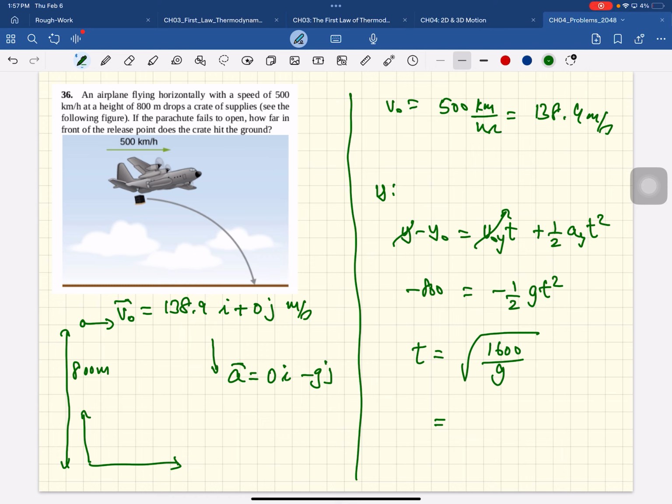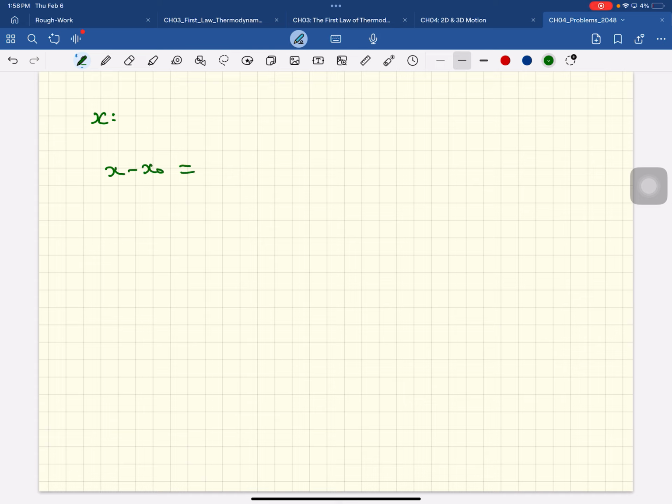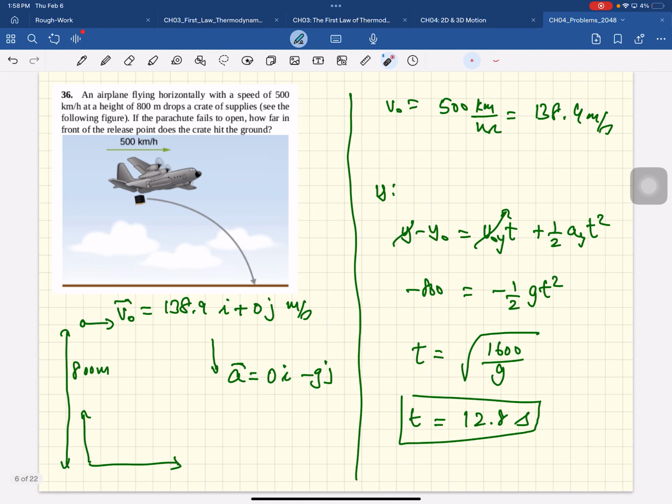And now let's look at the horizontal distance it travels. So x minus x naught equals v naught x t plus 1/2 a x t squared. There's no acceleration in this direction. We'll call the initial x position 0.